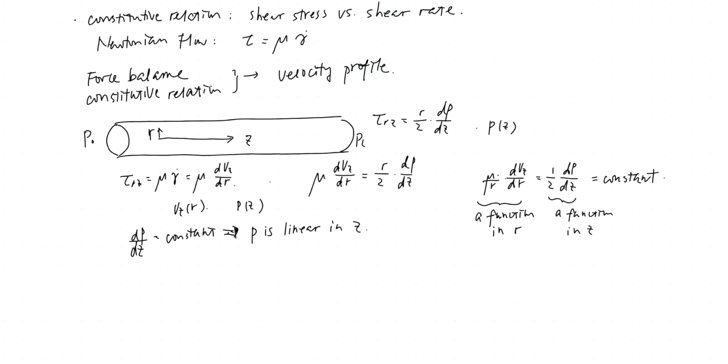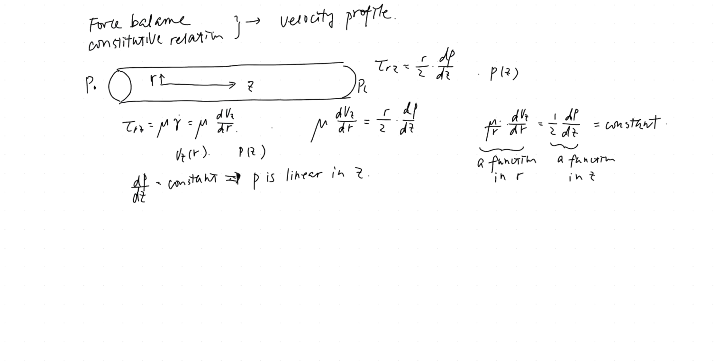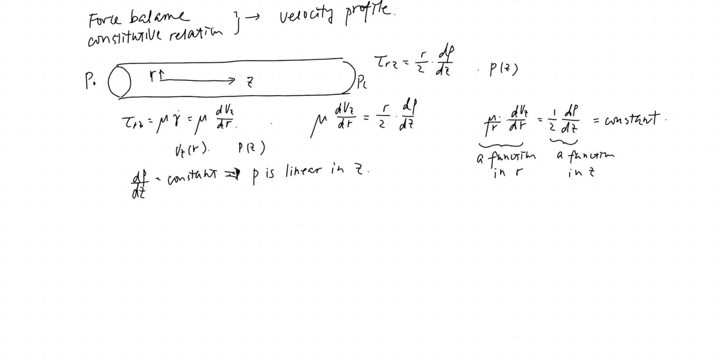It's definitely solvable. So you can rearrange this equation to solve for Vz. Let's rearrange this equation. We get dVz/dr equals r divided by 2 mu dp dz.